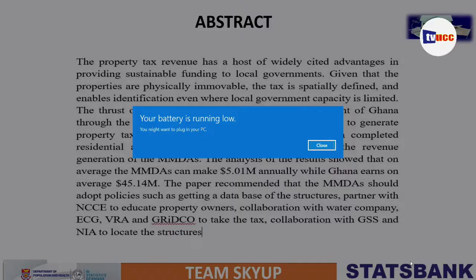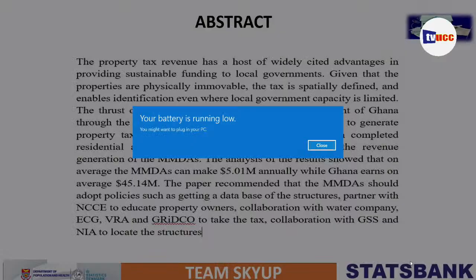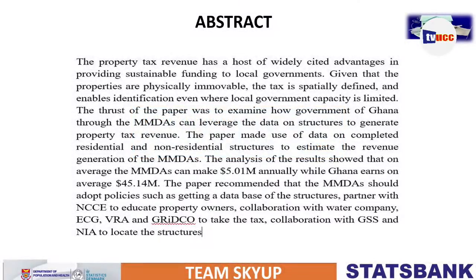With this data, we were able to run an estimate of the relationship between the price in cedi, which we converted to dollars, and multiplied by the residential and non-residential counts, and at the end of the day, we had an average amount of 45.14 million accruing to the nation if they adopt our model.